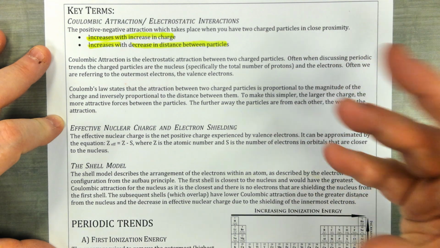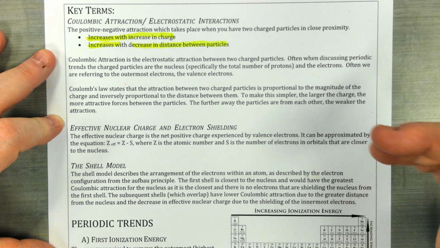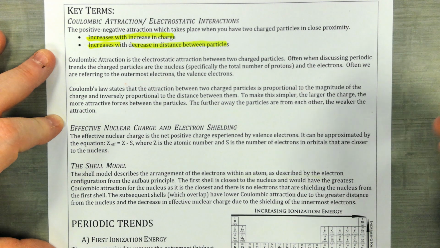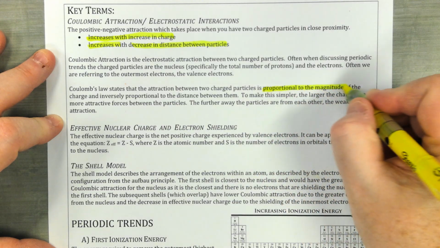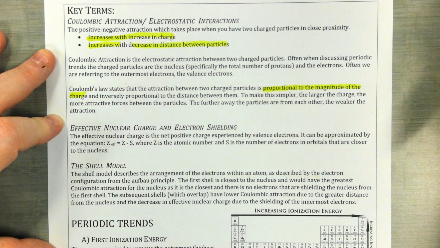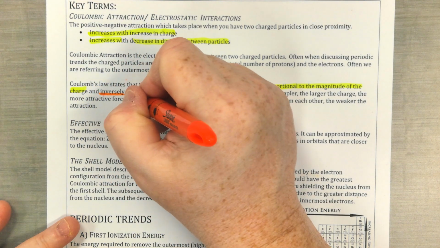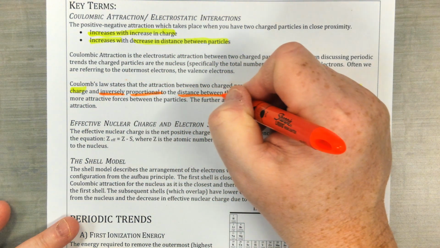Coulomb's law really talks about how the attraction between two charged particles is proportional to the magnitude of the charge, but inversely proportional to the distance between them.